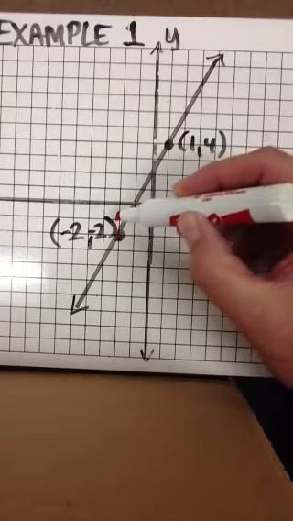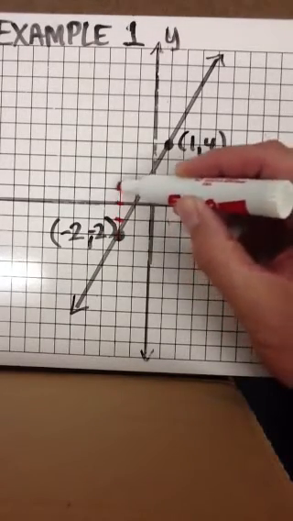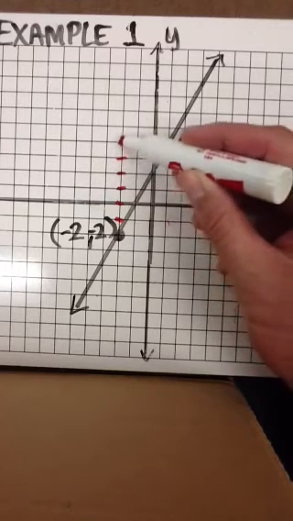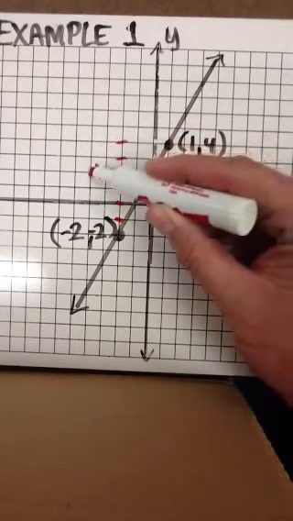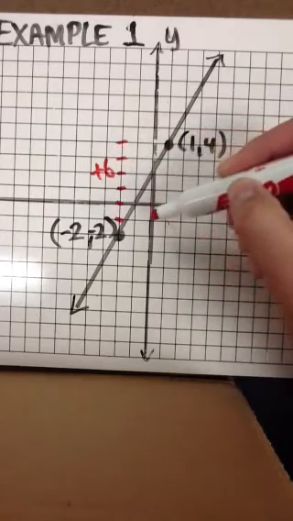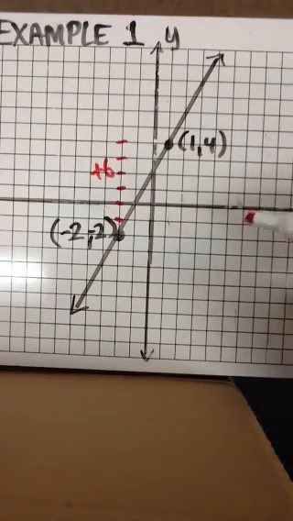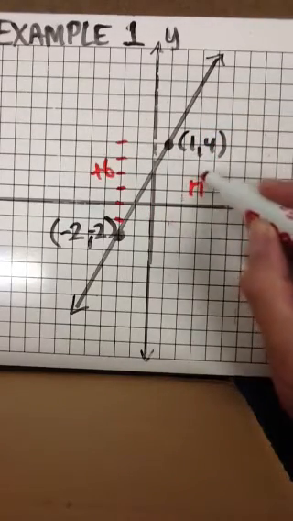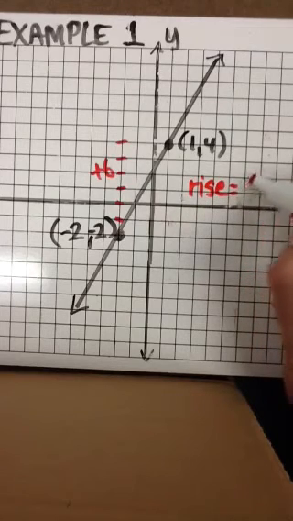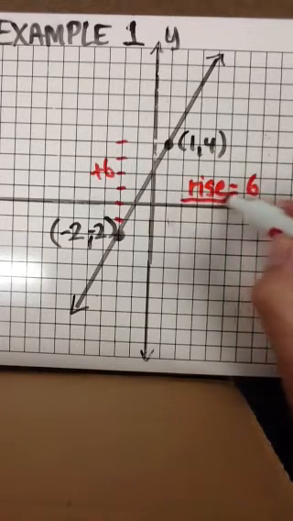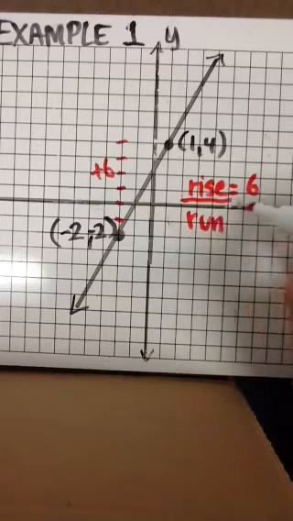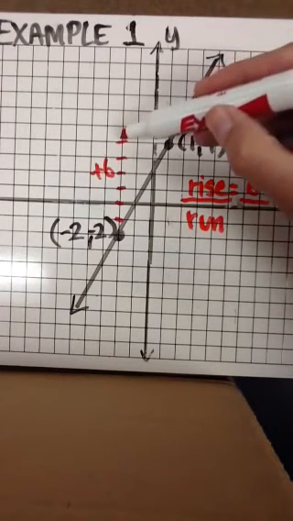So starting here, we would go up 1, 2, 3, 4, 5, 6. That's plus 6 in the y direction. That is going to be the rise of our slope. Okay? The run will equal the change in the x direction.